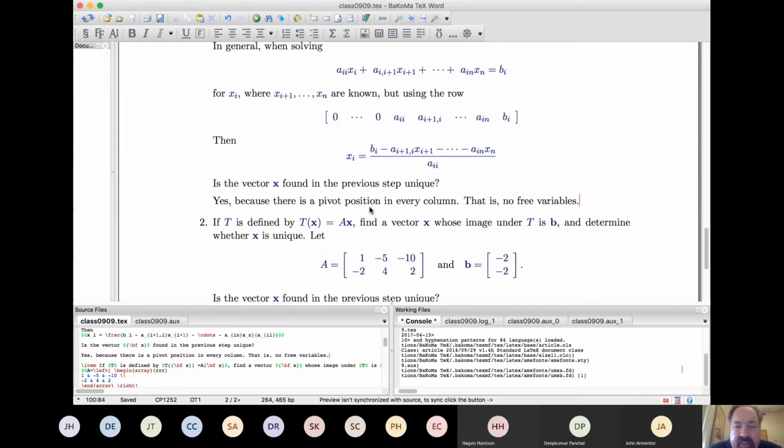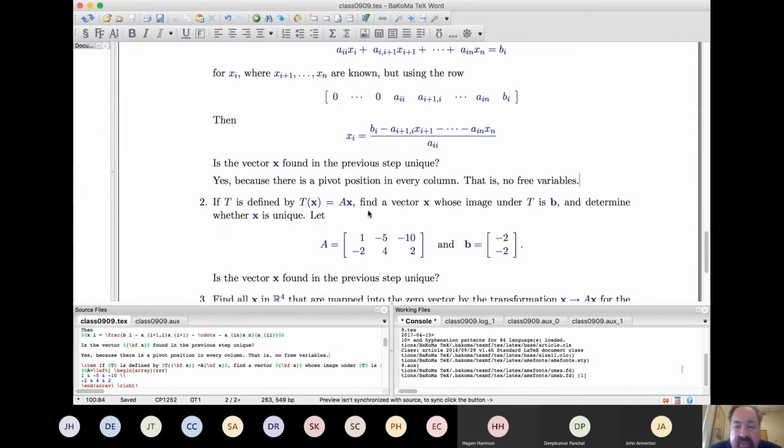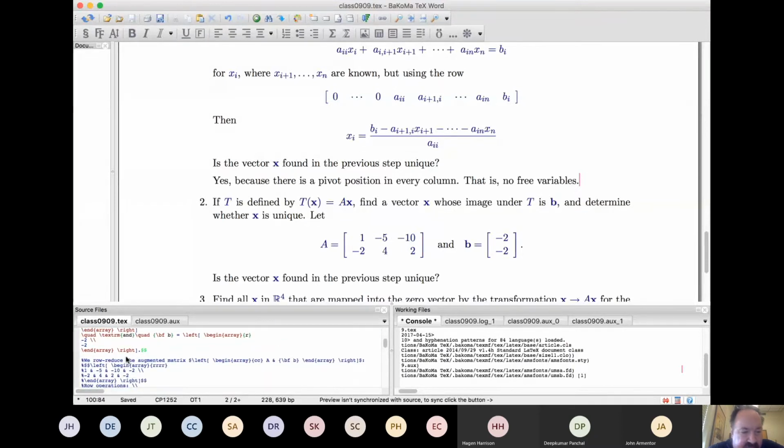Okay. Next, we have a similar problem. So here's our transformation. It's multiplying by this matrix A to try to get this vector B. So is there an x that would do that? So if there is such an x, it would have 3 elements because there are 3 columns in the matrix.